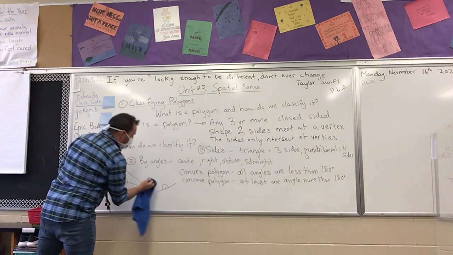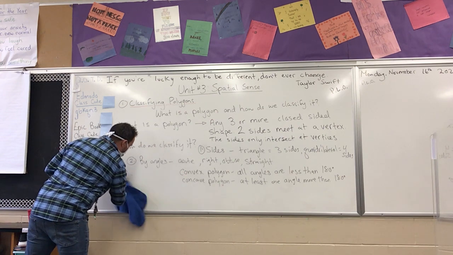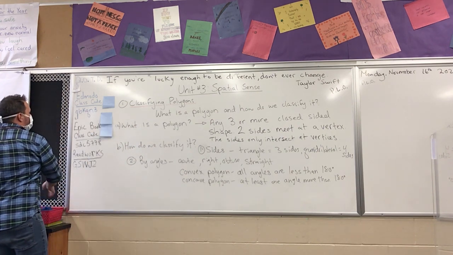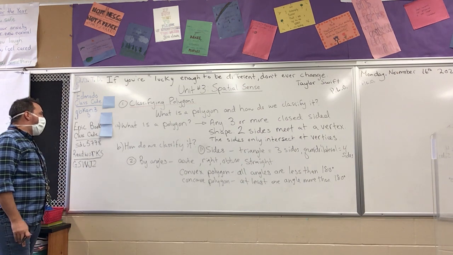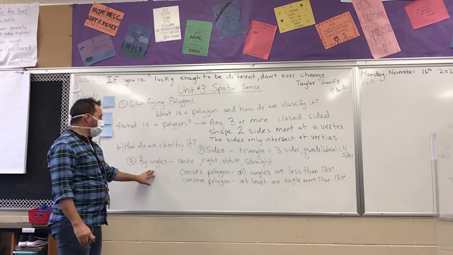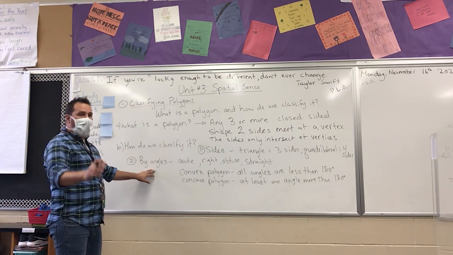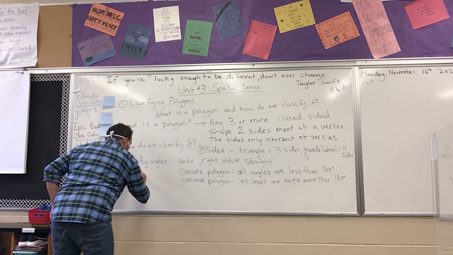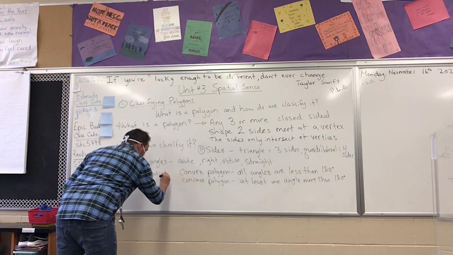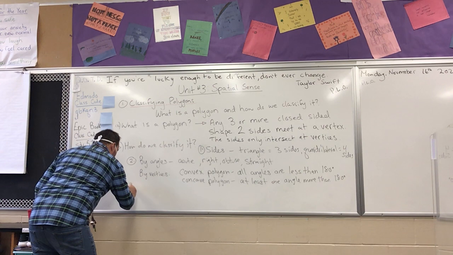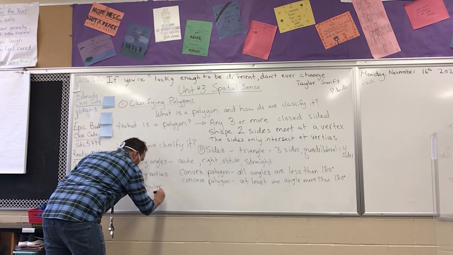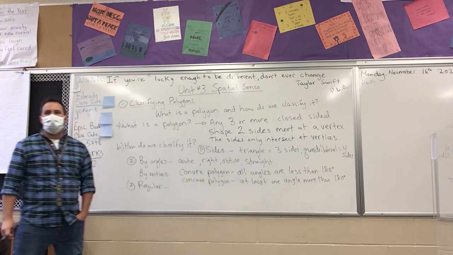So we classify by sides, we classify by angles. Is there any other ways we classify? Number of vertices. Yeah, that's kind of the same as angles. But I might just throw that in here too. 5 vertices. Okay? We also classify whether or not something is regular. What does that mean?